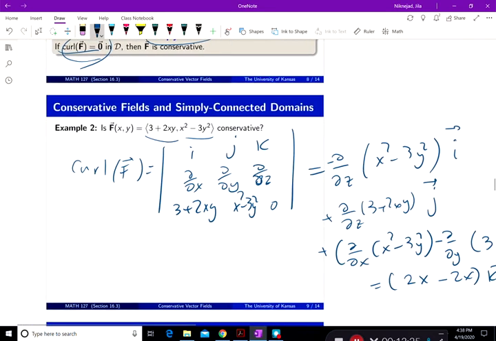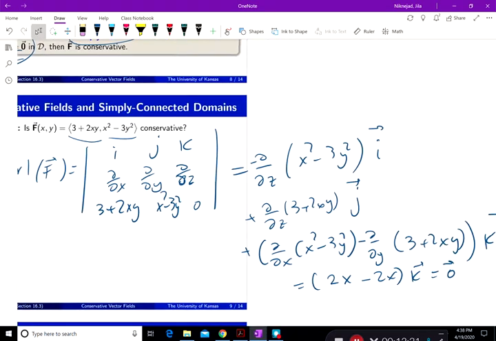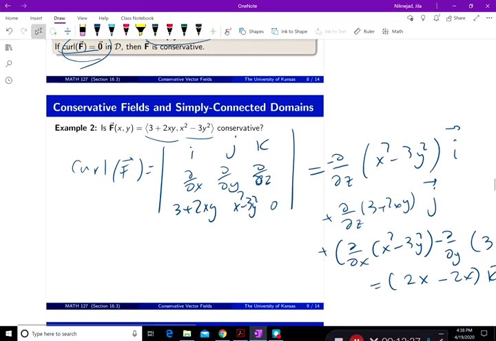And so the curl of F was a 0 vector. Again, I knew that the first and second component are going to be 0, but the third component I checked and it was 0. And therefore, and because the domain is everywhere, we have a conservative field.